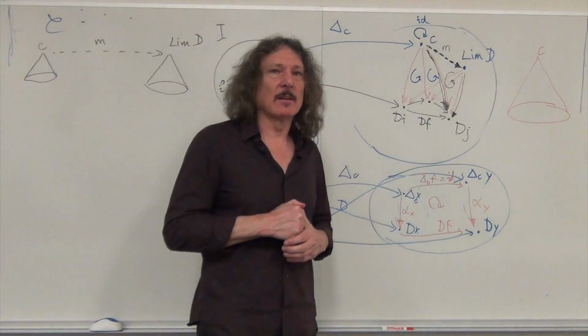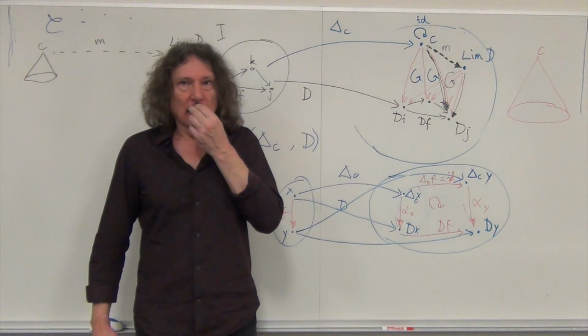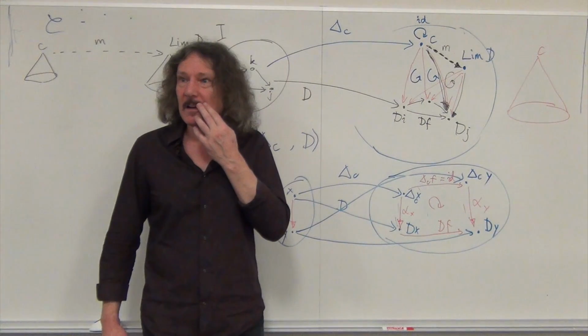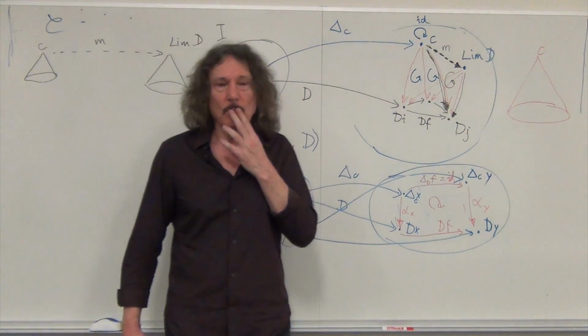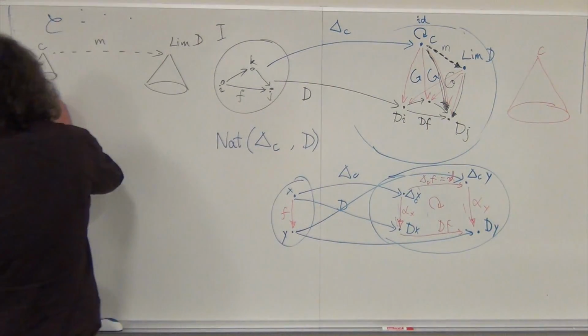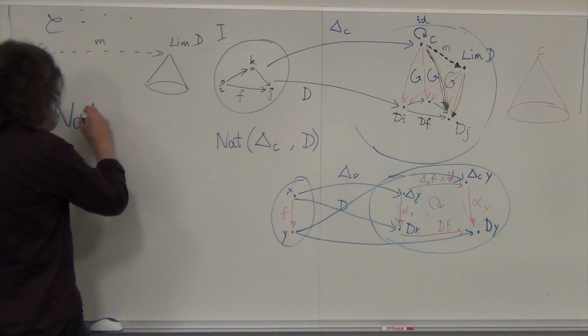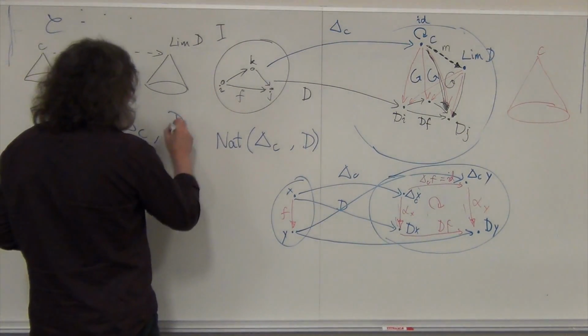But let's think a little bit more about this. What's a cone again? A cone is a natural transformation. So this cone here is really a natural transformation from delta C to D, right?